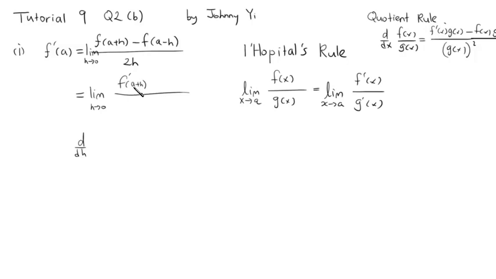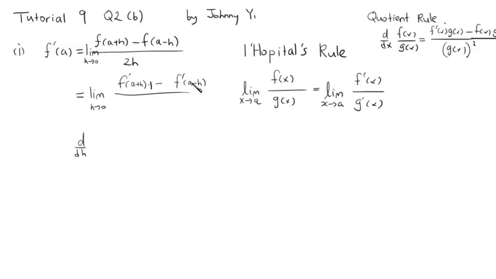We have a bracket of a plus h, and its derivative is just 1. Minus f dash of a minus h, multiplied by the differentiation of the bracket, which is negative 1, so this actually becomes plus.